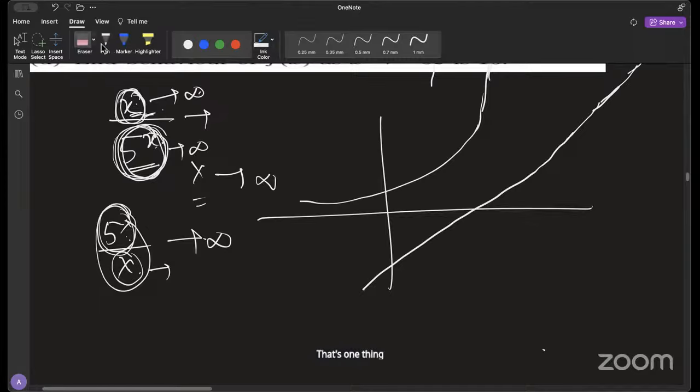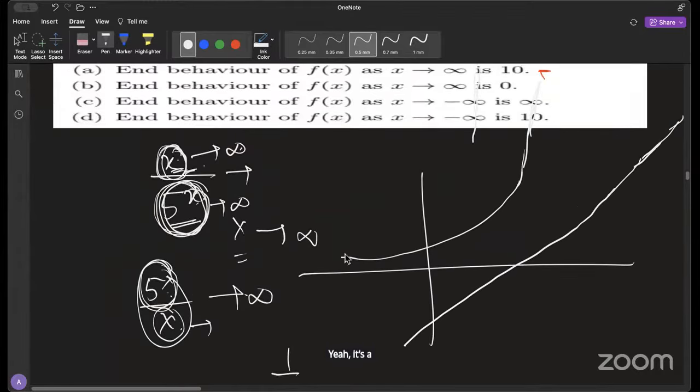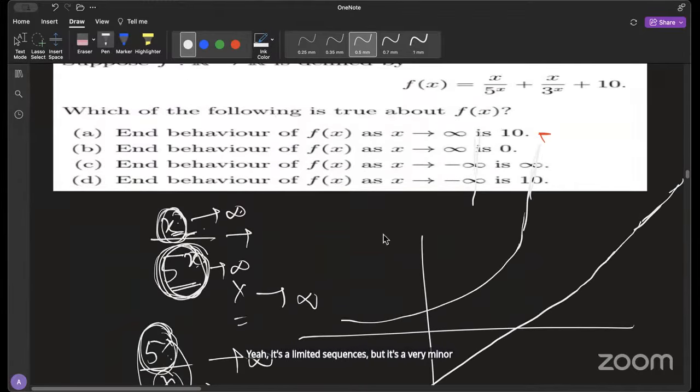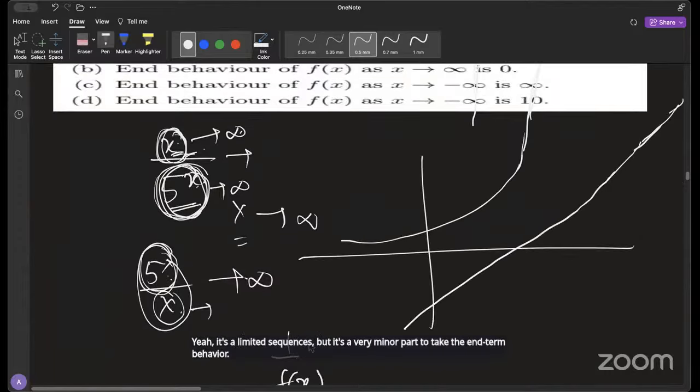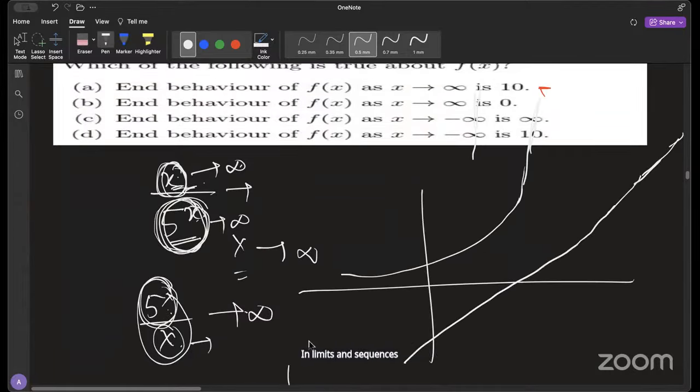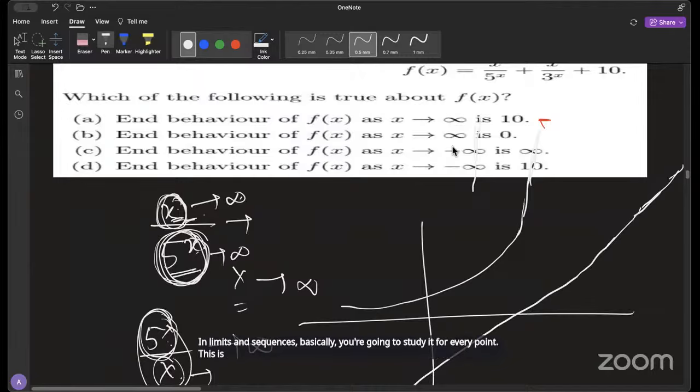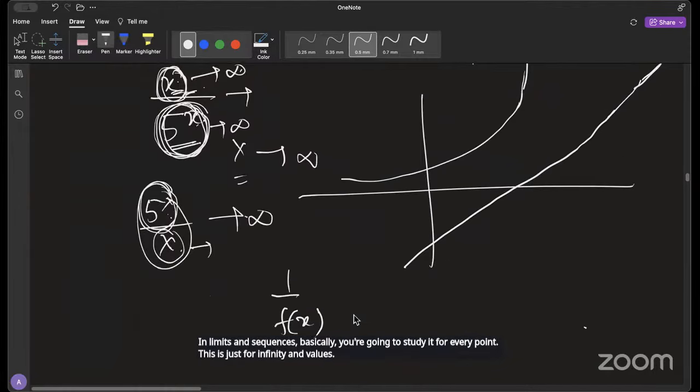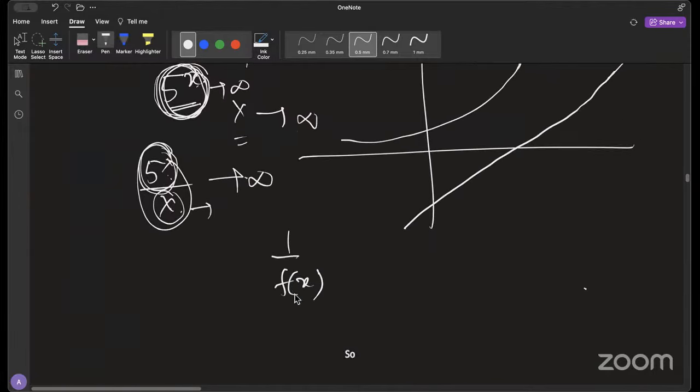That's one thing. And the other thing is, it's limits and sequences, but it's a very minor part to check the end term behavior. In limits and sequences, basically you're going to study it for every point. This is just for infinity and minus infinity, so just limits at the end for end term behavior.